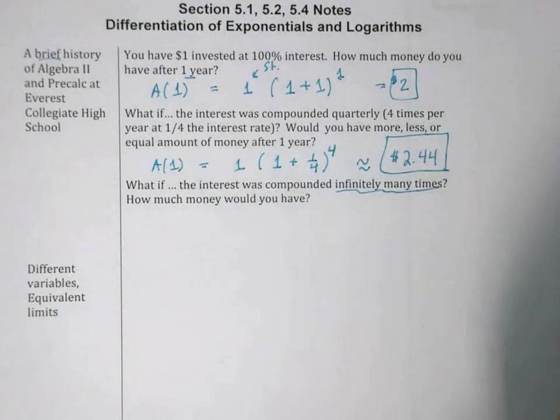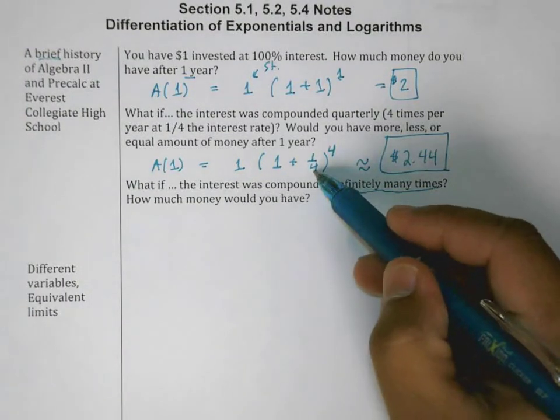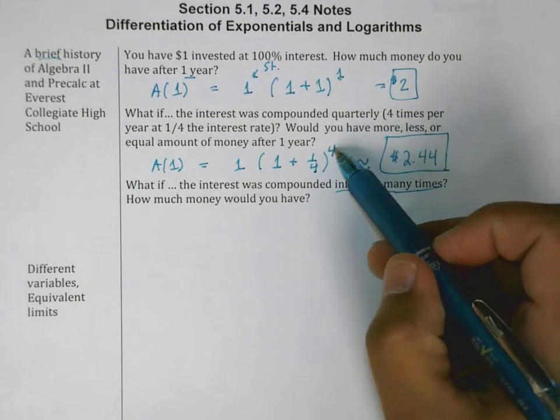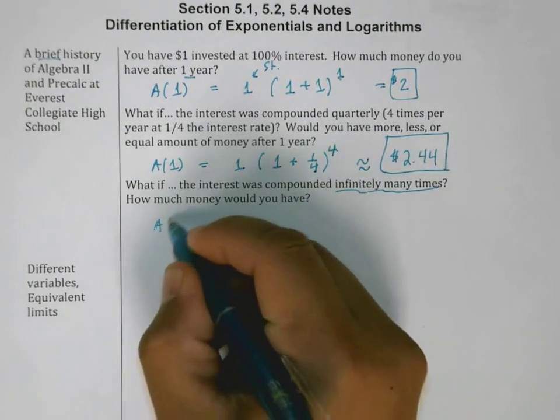Well, we can't divide by infinity, that's just 0, and we can't raise something to an infinite power, that's just infinity again. So now we have to think a little bit differently, and we have to use limits.